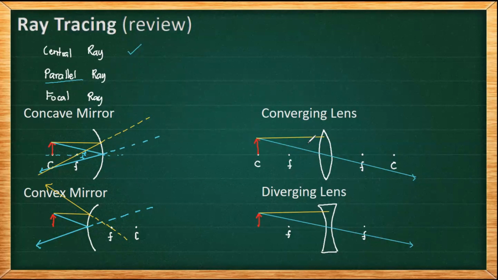For the converging lens, it will be similar to the concave mirror. It will pass through the focal point, and then it would seem to come from this direction.